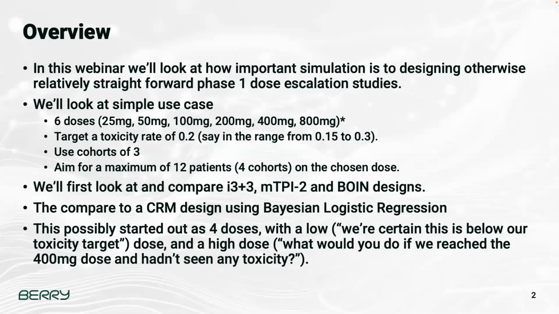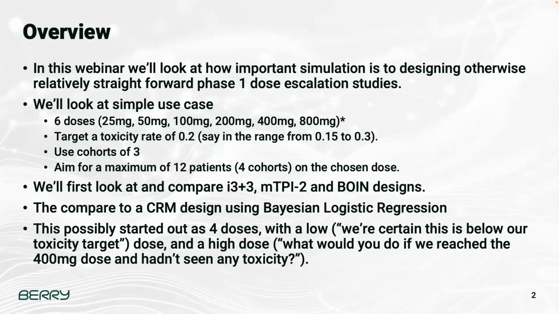For this example, I'm going to take a slightly lower target toxicity rate than usual. This was partly because I had a lot of examples targeting a standard 30% toxicity rate, which is a hangover of the 3+3. I believe it's actually more common these days to look at lower toxicity rates.